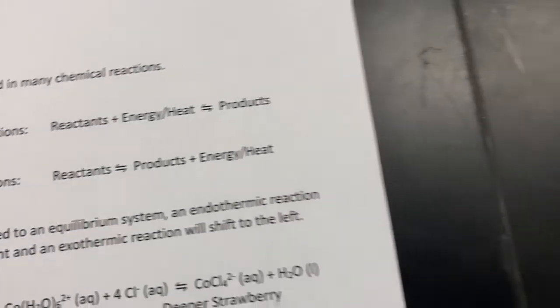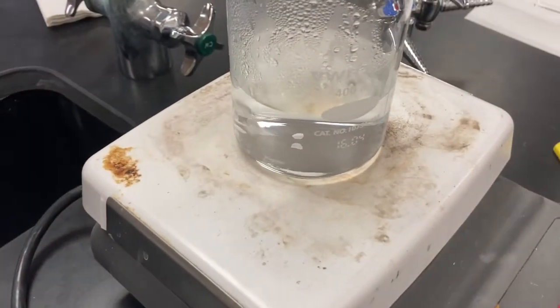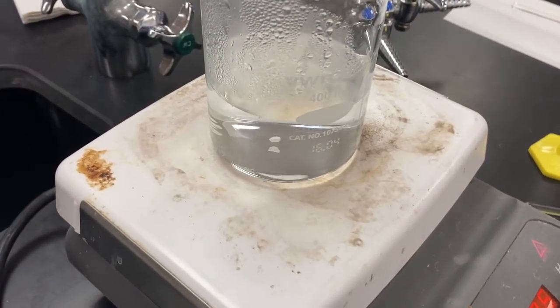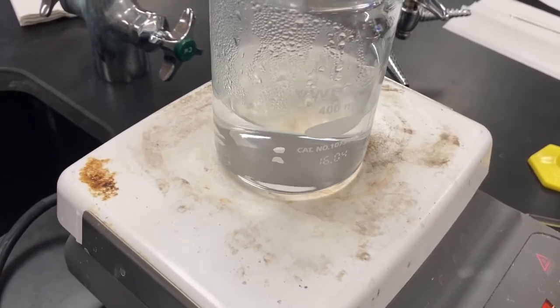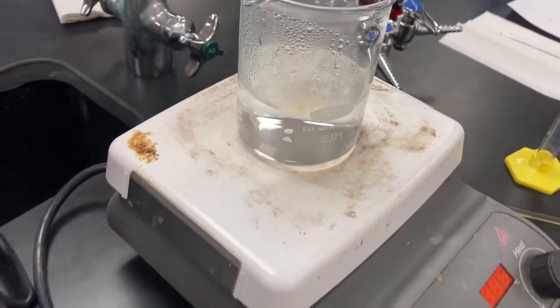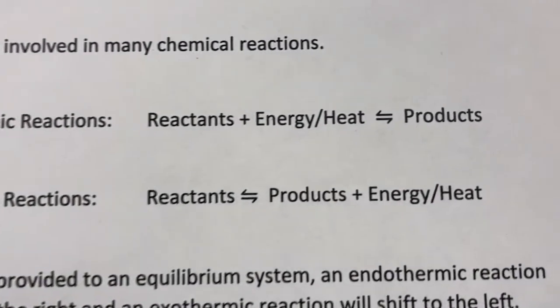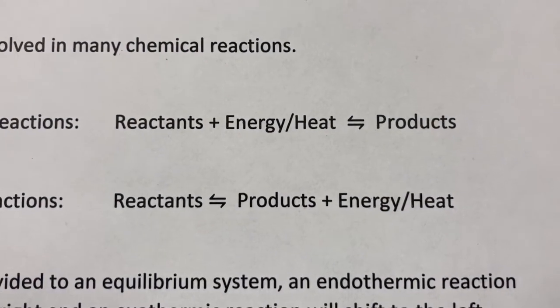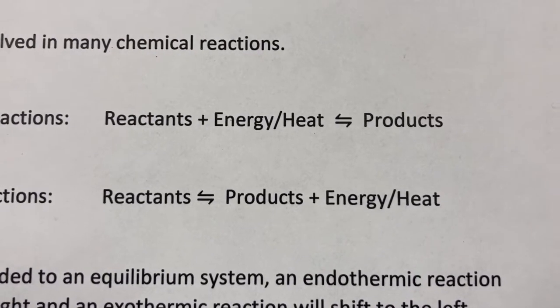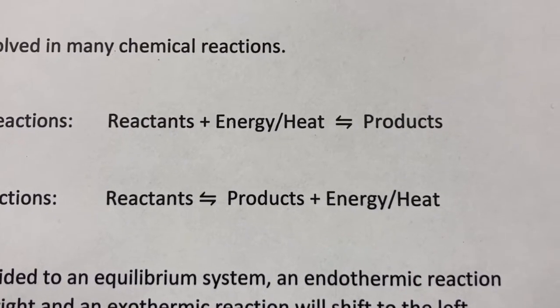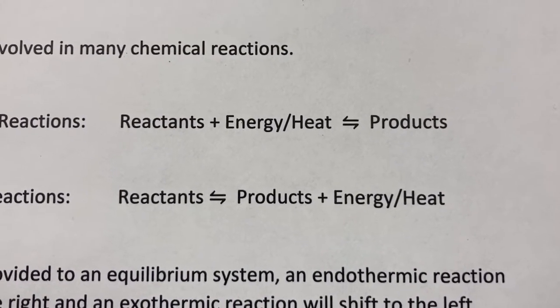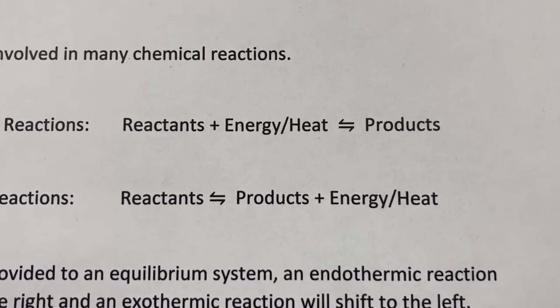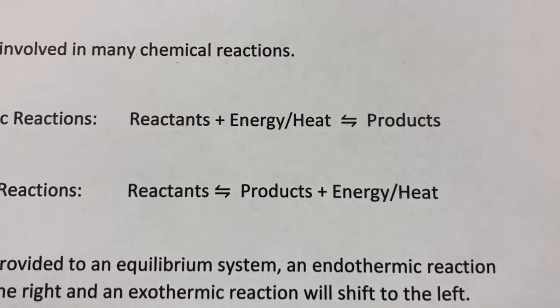Remember, when we put the reaction system into a water bath, we are providing energy to it. Okay? So energy in this case may be in the reactant side, maybe in the product side. However, when you add energy to it, the equilibrium is going to shift away from that direction.